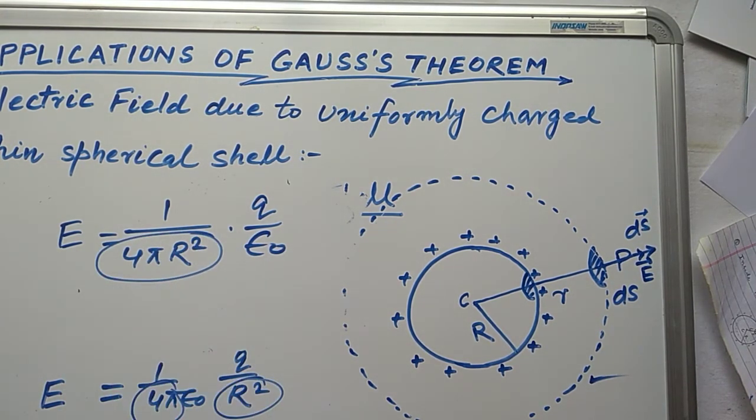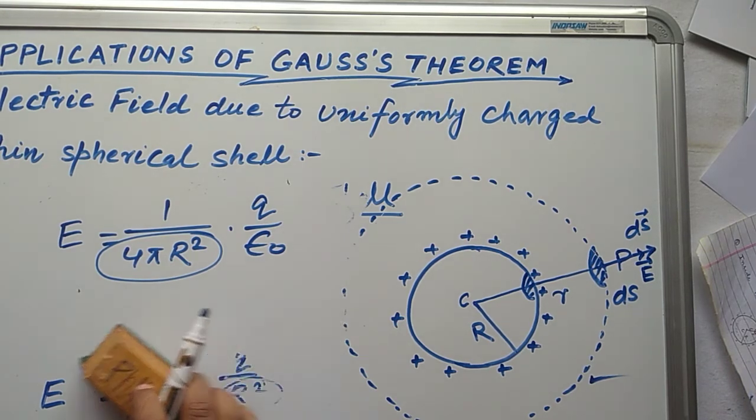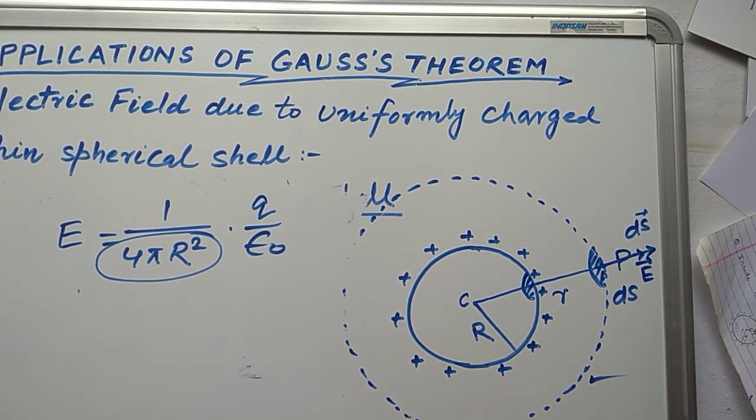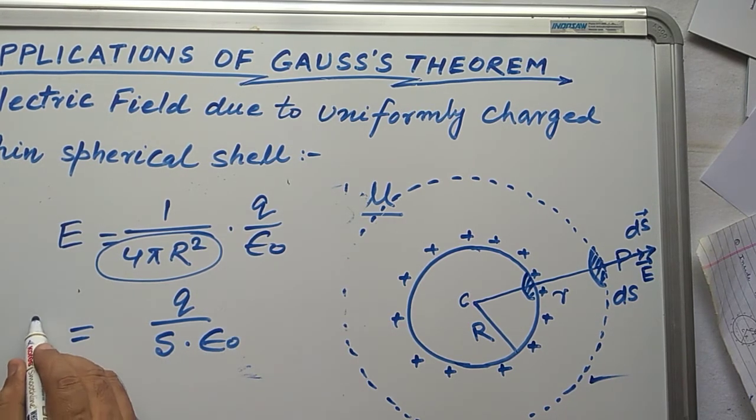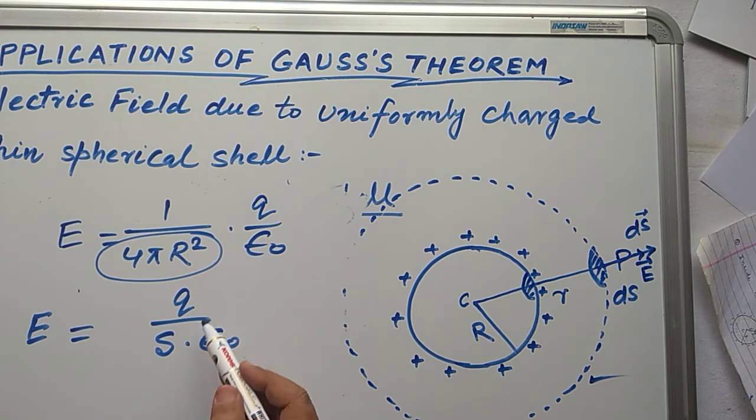This is the surface area of the spherical shell. So q by s. Now tell me, what is q by s here? q by s is the surface charge density.